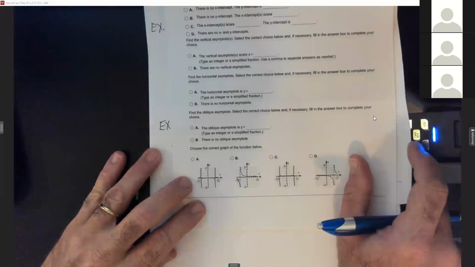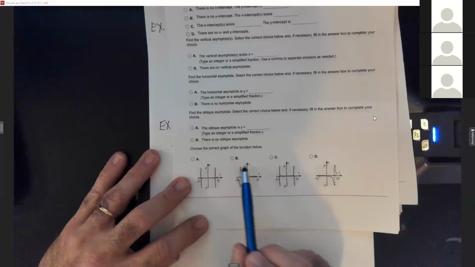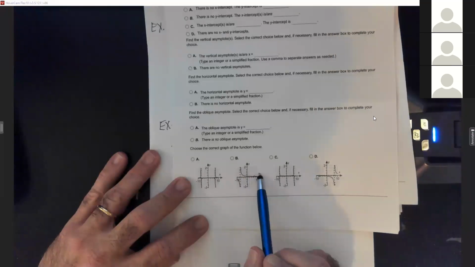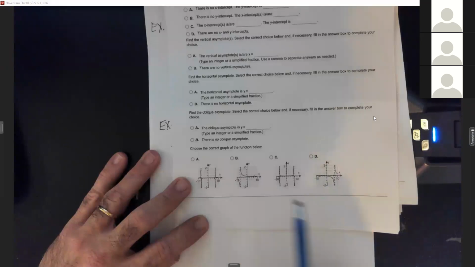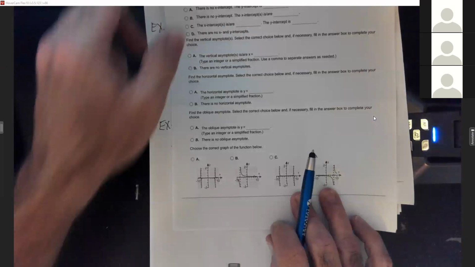Y'all see this? So the horizontal asymptote would sort of be like this one. This graph is coming along and it's trying to get to the x-axis, but it never does get right on it. It just keeps going out and out on that, okay? Just like this one, it's coming up, it's getting close, but it actually never does cross the x-axis.